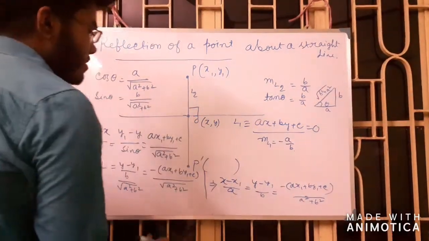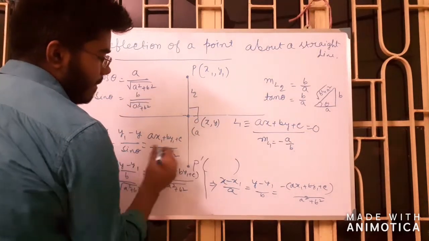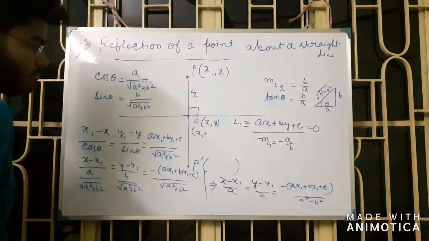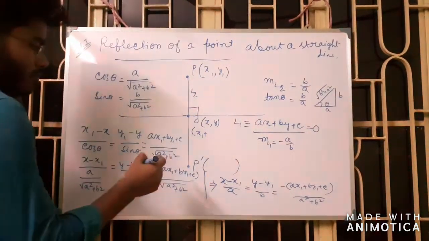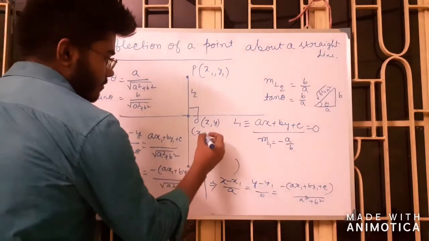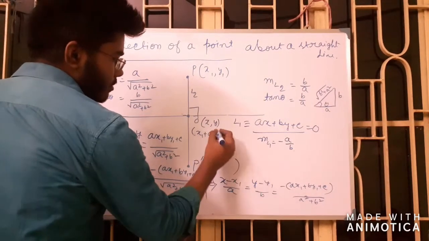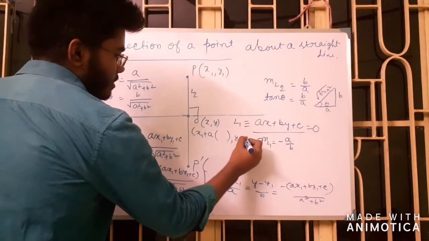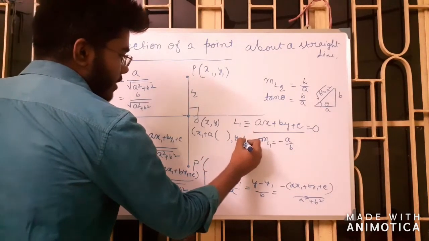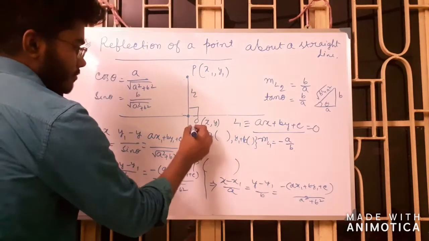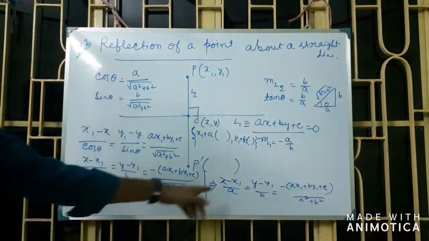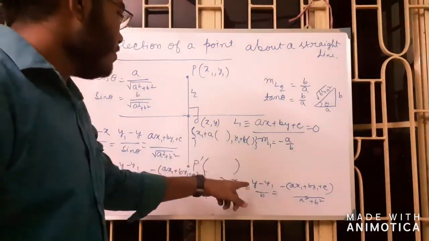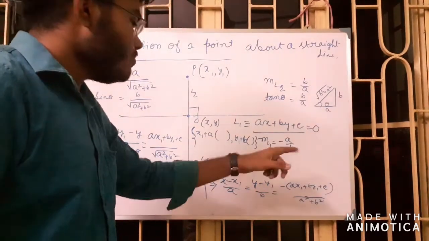Okay, and the coordinates: x equals x1 plus a into this term, comma, y equals y1 plus b into this term. Okay, x equals this term plus x1 and y equals this term plus y1.